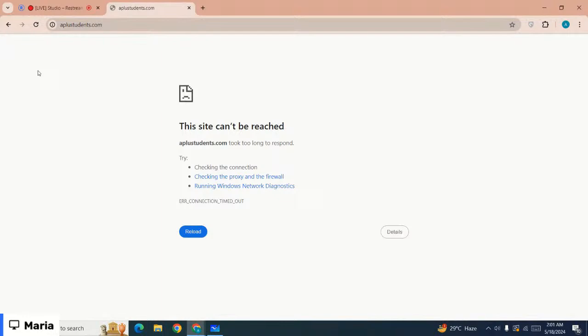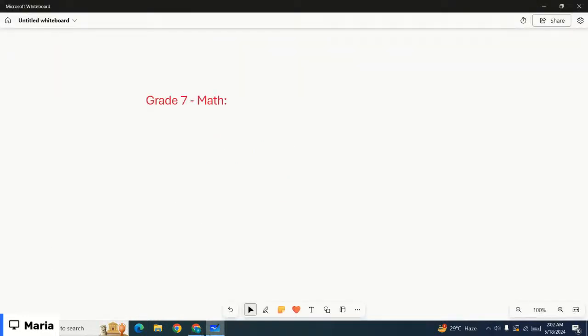Then we'll do some examples with the lesson. So if you have any question related to grade 7 math, whatever topic it is, you can just write down the lesson name in the chat box. I will start covering the lesson. Otherwise, we'll start the lesson that we did in the last session. We'll do the examples for the lesson.